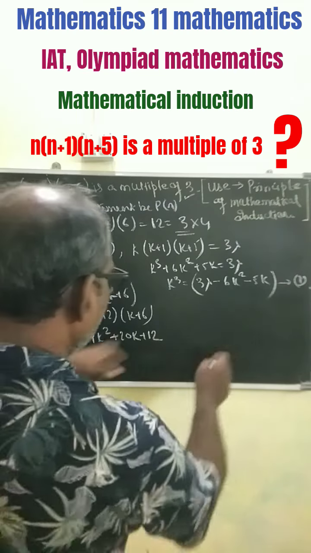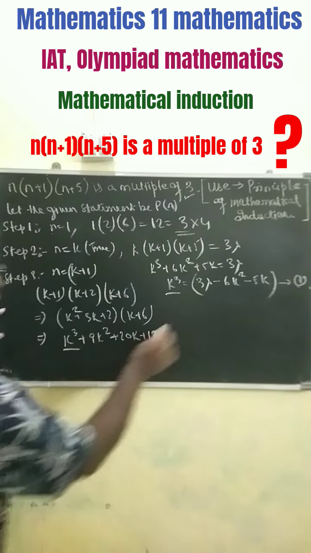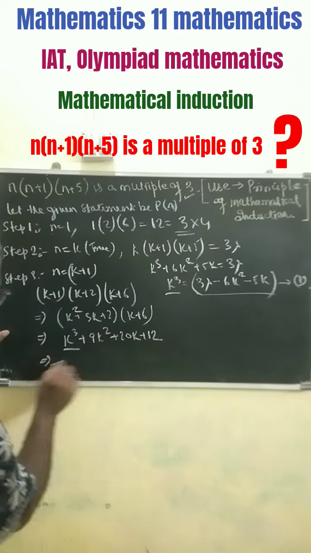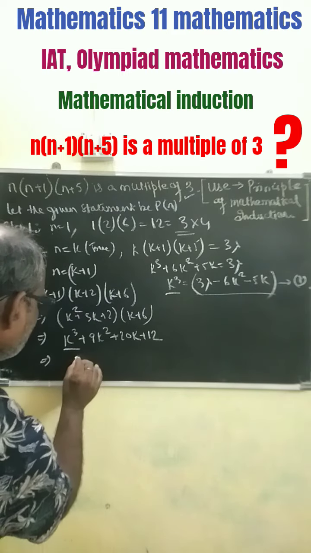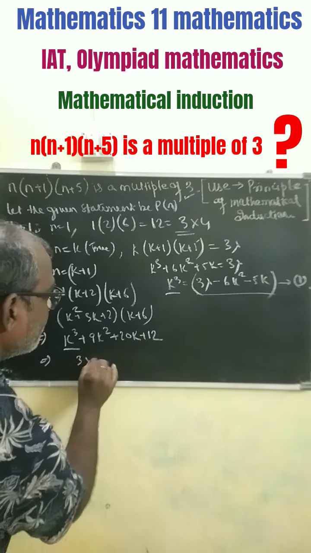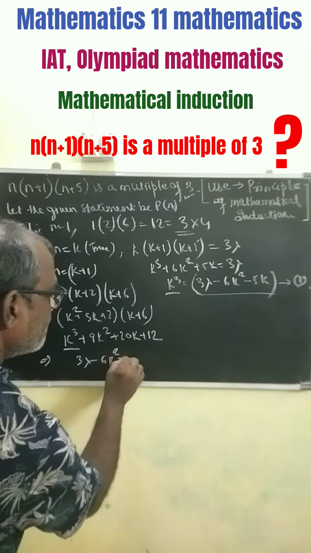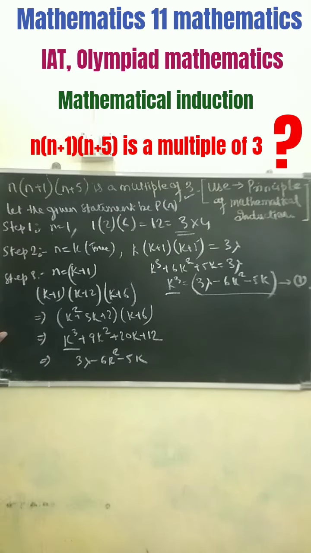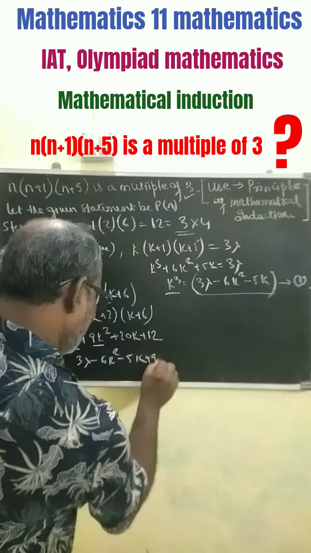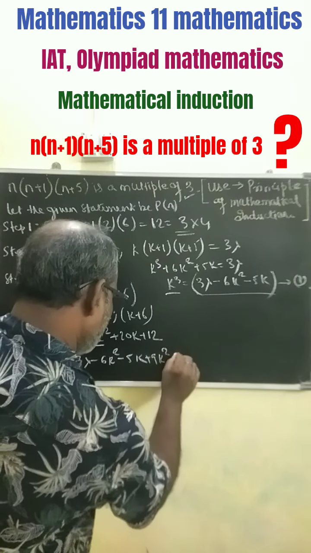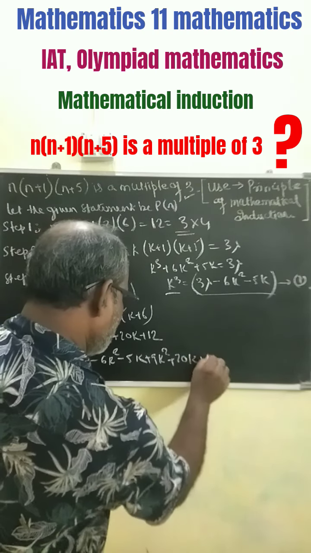Now one thing we can do here, instead of k cube we will write this. That means we get 3 lambda minus 6k square minus 5k plus 9k square plus 20k plus 12.